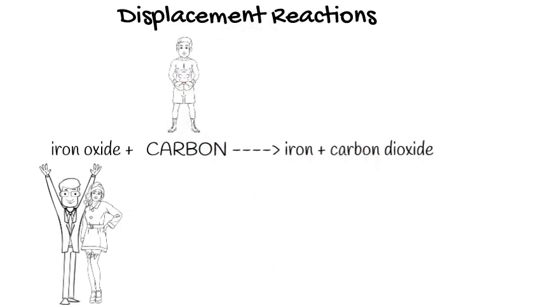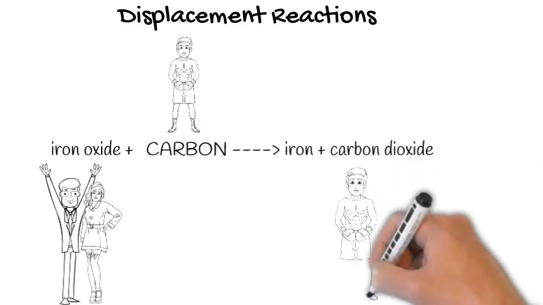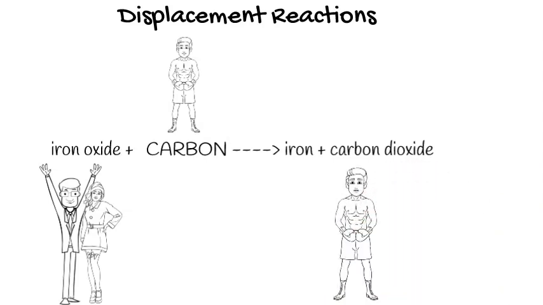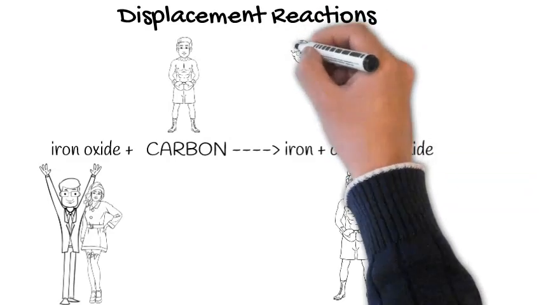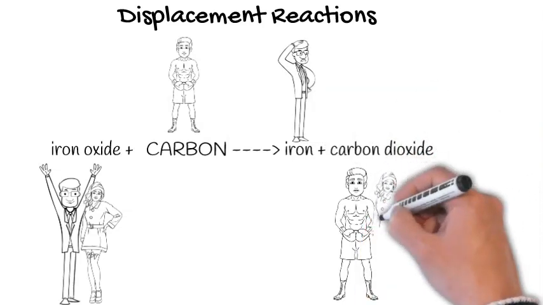Now carbon has a bit of a six-pack, is rather gorgeous, and oh dear, he outcompetes iron completely. So carbon gets to have the girl, forming carbon dioxide, and poor old iron, because he's less reactive, is left all on his own.